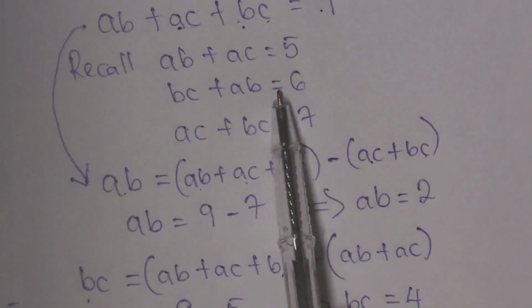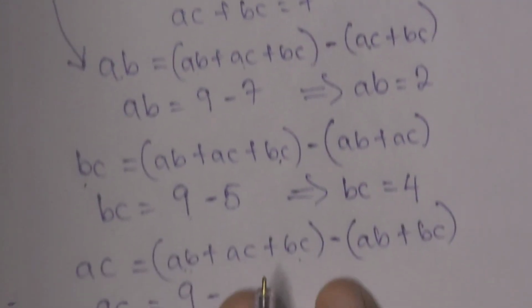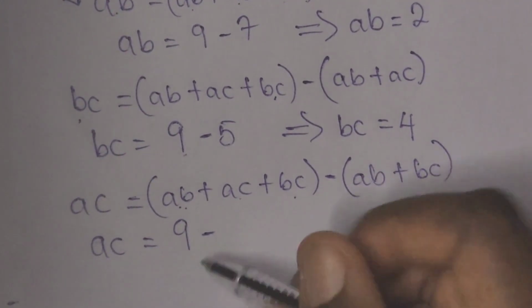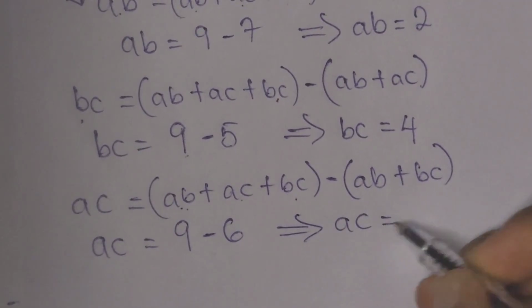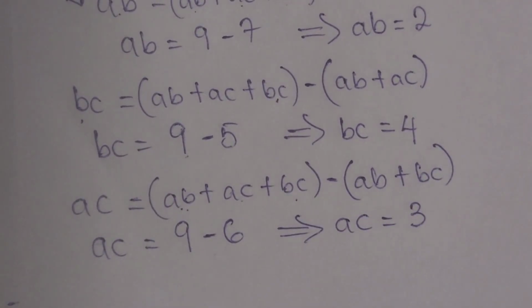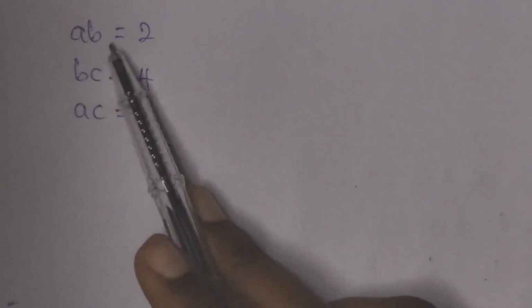AB plus BC is equal to 6. So we have 9 minus 6, which implies that AC is equal to 3. So we've been able to resolve and get to this point. We have AB equal to 2, BC equal to 4, and AC equal to 3.